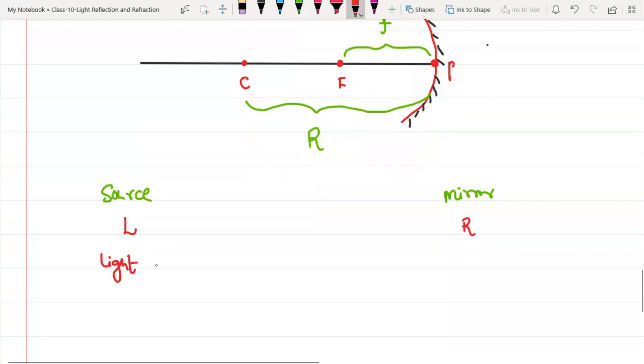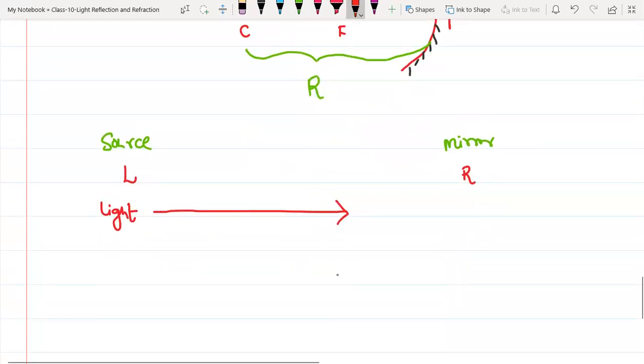And that light will always move from your left hand side to right hand side. This is the main point you have to understand for the sake of sign convention. Light will always be produced from the source and move from left to right. Please keep this point in your mind.